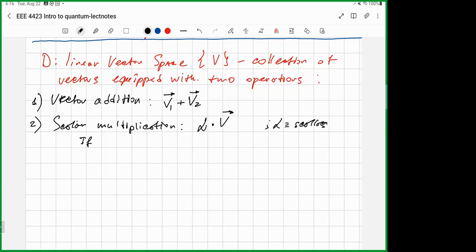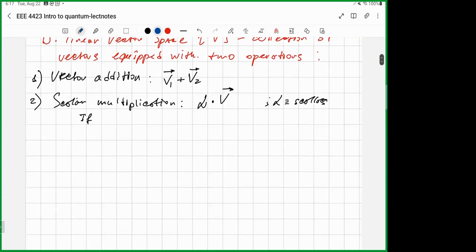How does it work? If you have a vector like this, multiplication by a scalar means that we simply scale this vector. For example, we obtain a vector like this, another vector from the same space.